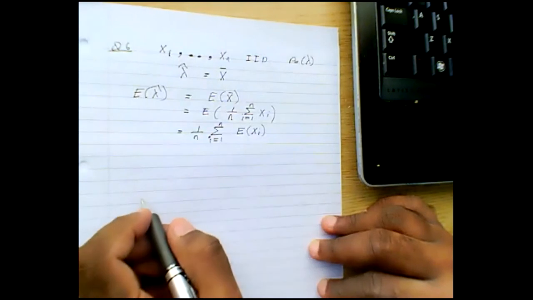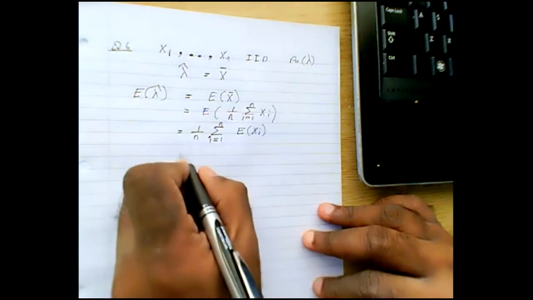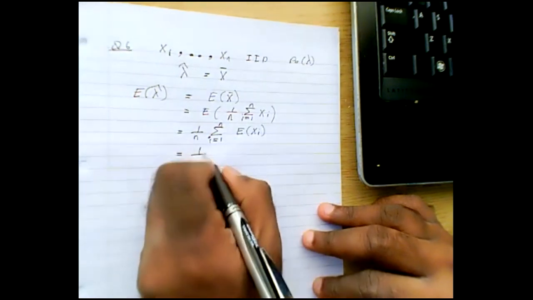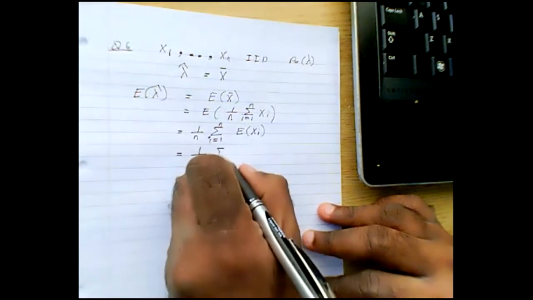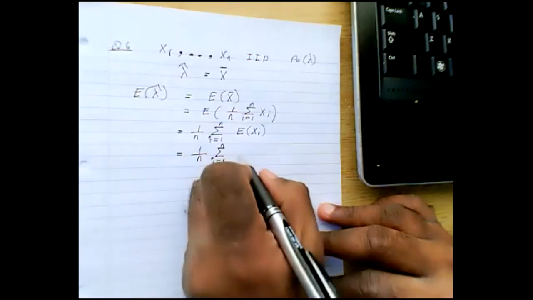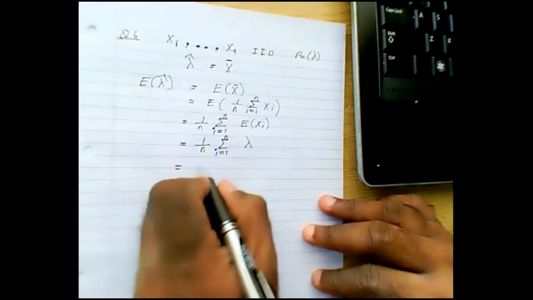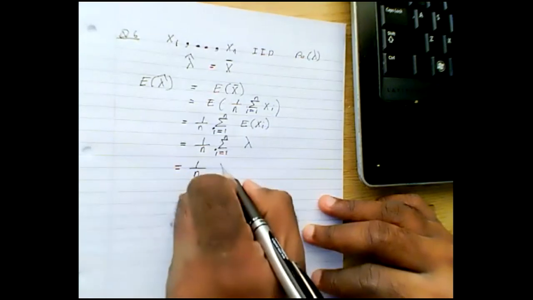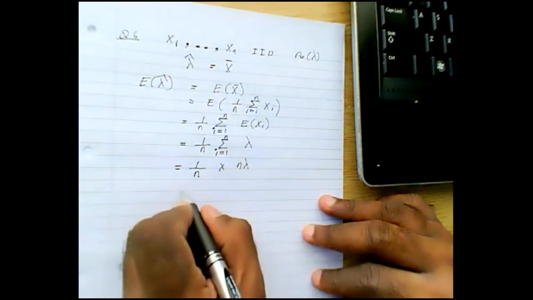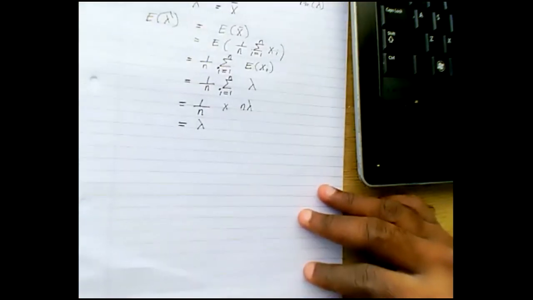Now, you may recall from probability 1 that the expected value of Poisson is lambda. So this is 1 over n times n lambda, which is lambda. So that's the expected value.